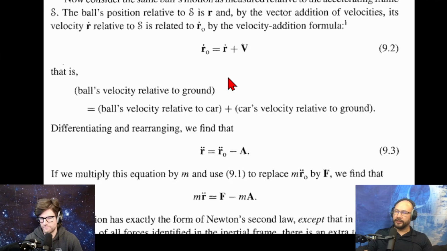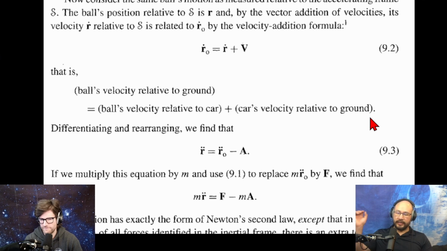So what is this scenario? This is relative motion addition. If we look at the one written right below 9.2, the ball's velocity relative to the ground equals the ball's velocity relative to the car plus the car's velocity relative to the ground. So it's like Galilean relativity.